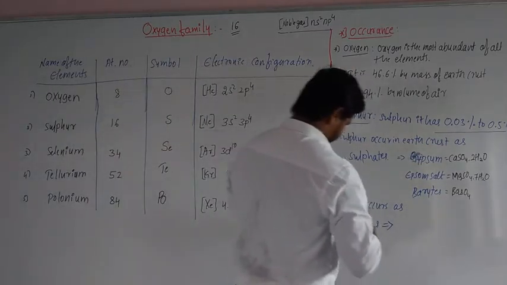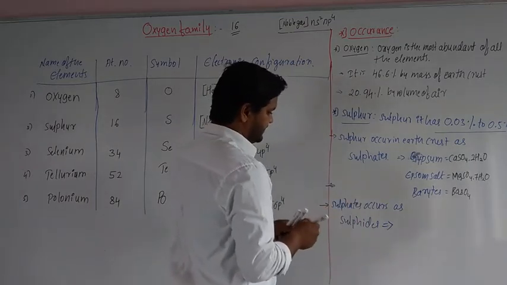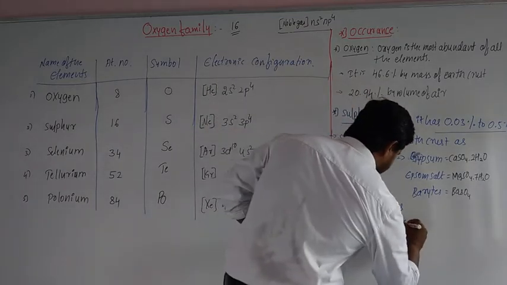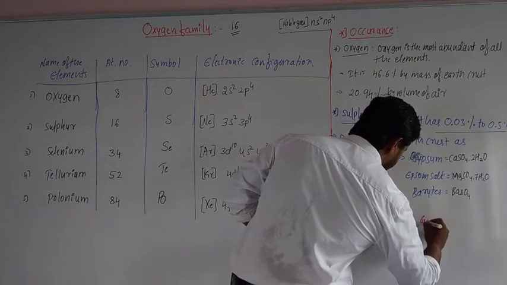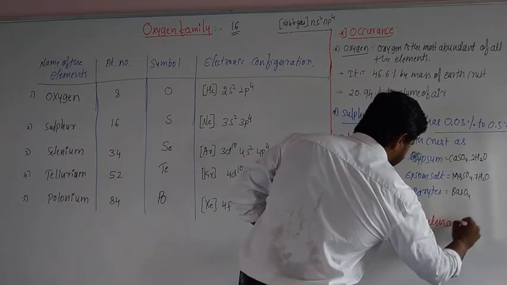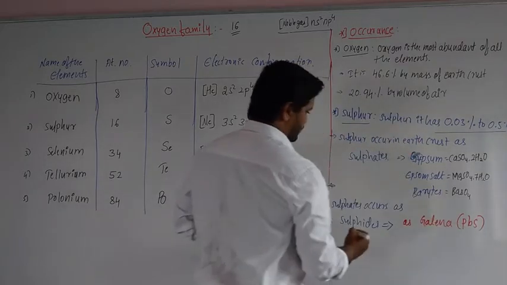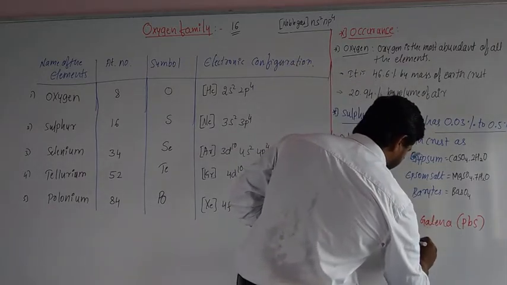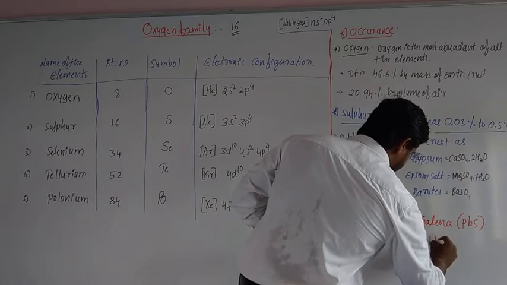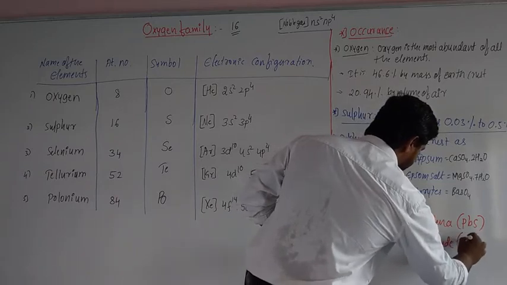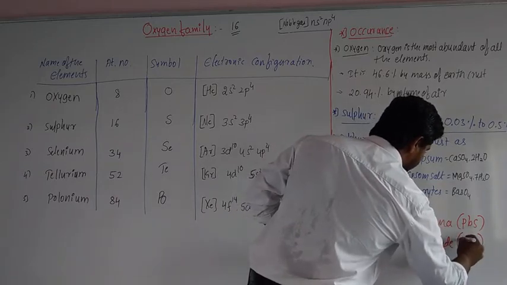I will write here: sulfur occurs as sulfides, as galena, whose formula is PbS, lead sulfide, and one more, zinc blend, with the formula ZnS.